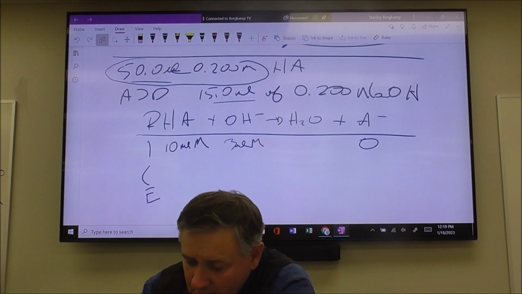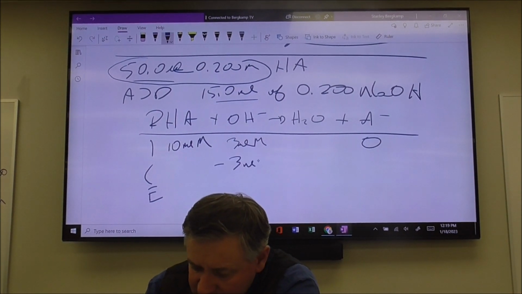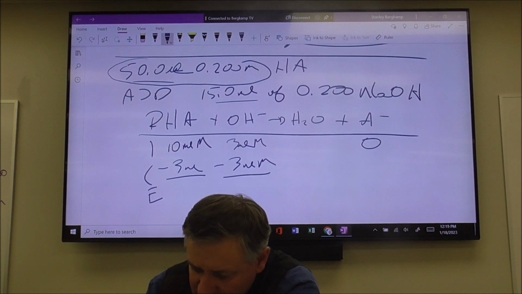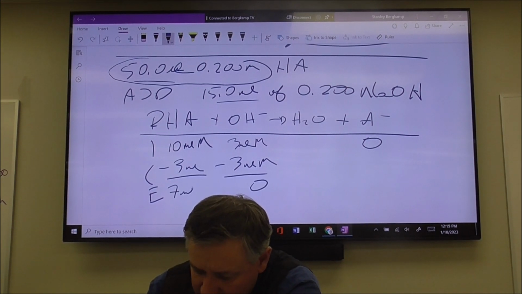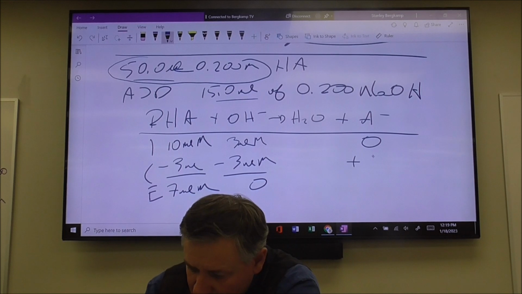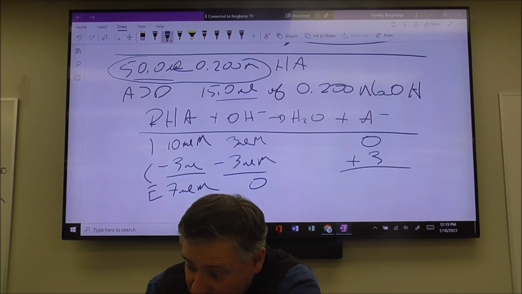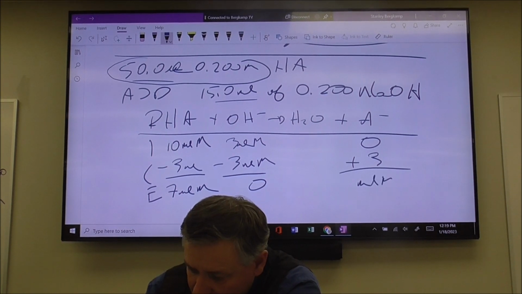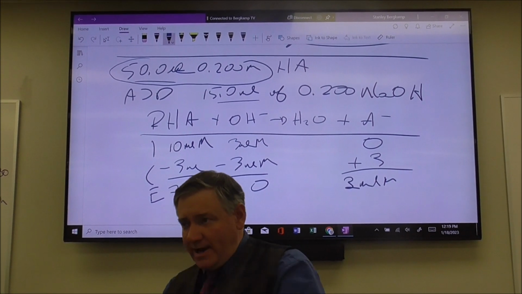Now, all of my base is going to get used up. Okay? So this is going to go to 0. This is going to become 7 millimoles. Because that's a 1-to-1 ratio, I'm going to make 3 millimoles of my anions.